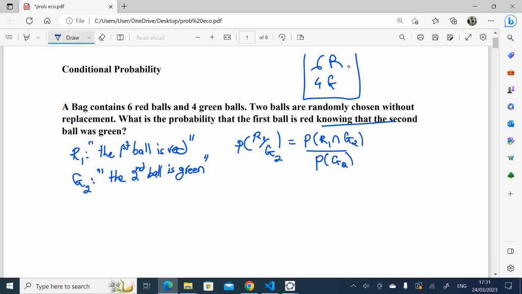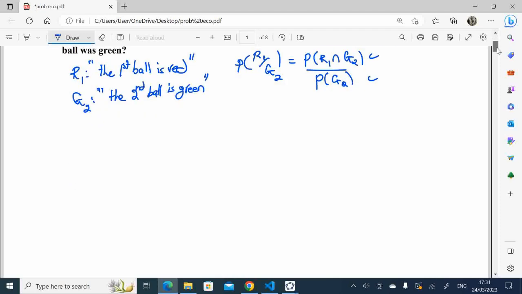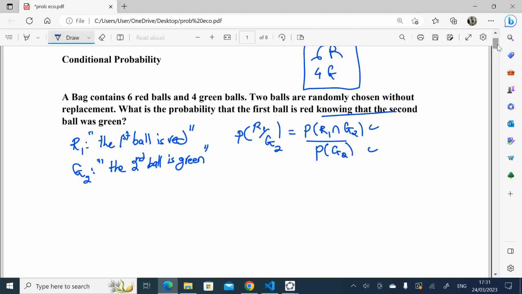So let us find each one of these aside. First let us find P of R1 intersection G2. How to find it? What happens first is selecting the first ball.